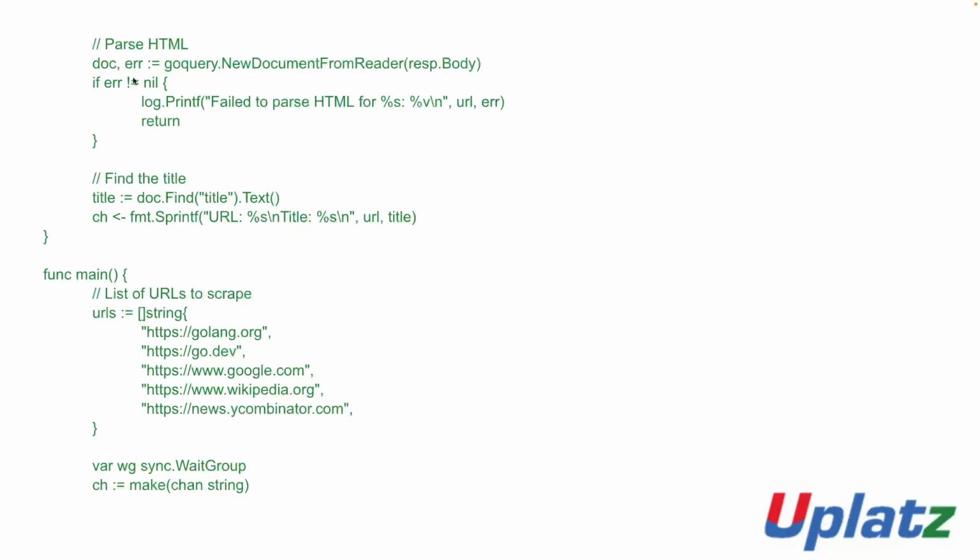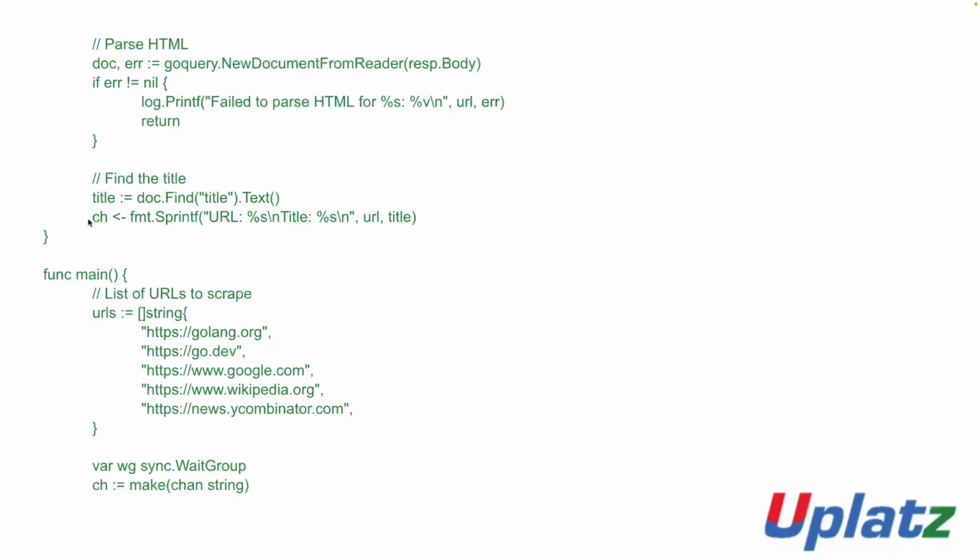We have seen that one, and this is sent to doc. If err is not nil, then it shows some error and returns.